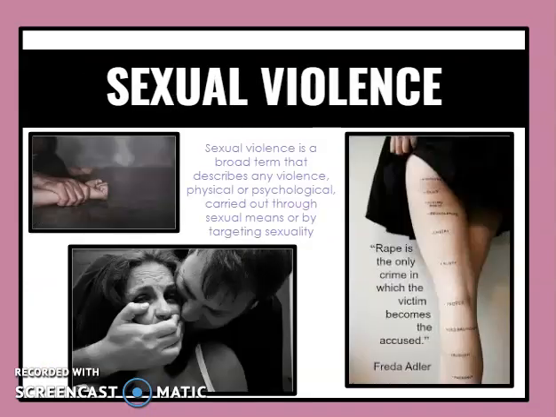Sexual violence means any sexual act or act targeting a person's sexuality, their gender identity, or gender expression, whether that act is physical or psychological in nature, if it's threatened or attempted against a person without the person's consent.